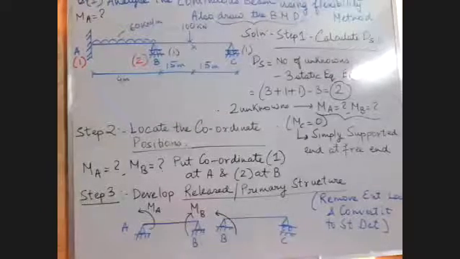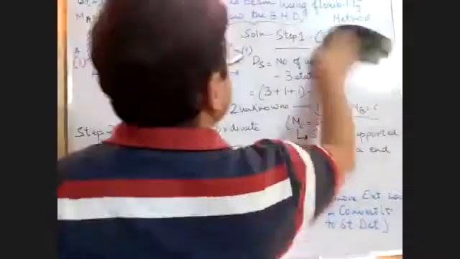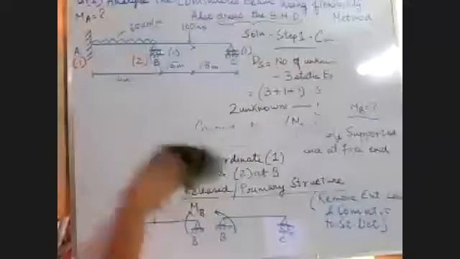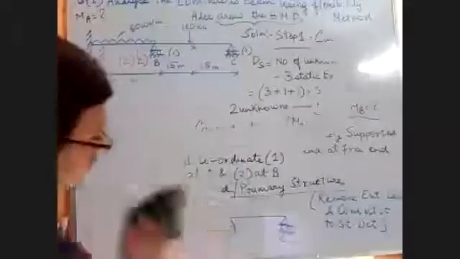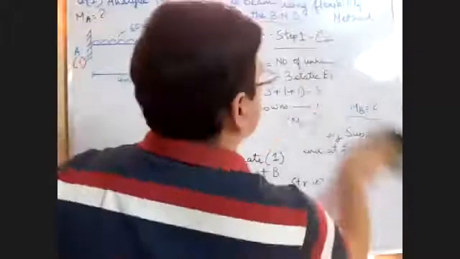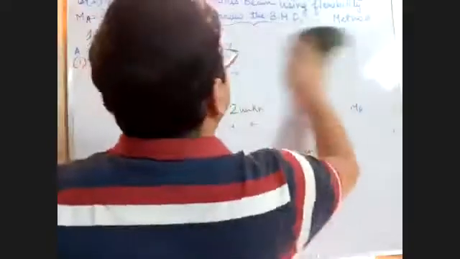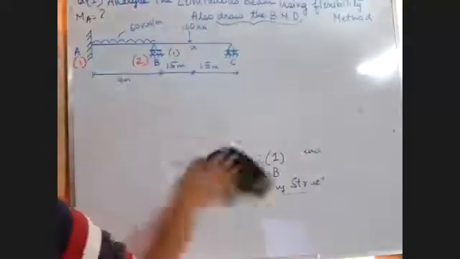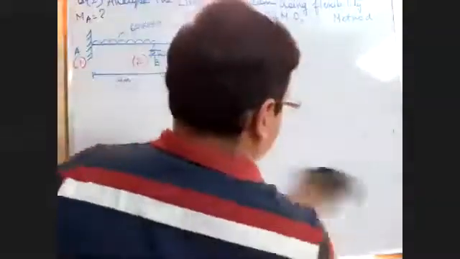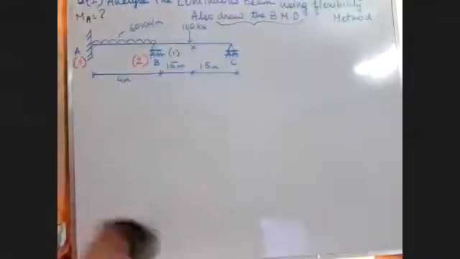Okay. So now step 4. Step 3 we have done. Before step 4, don't write step 4 now. Before this, we have to draw another two different primary structures. I'm erasing this part.